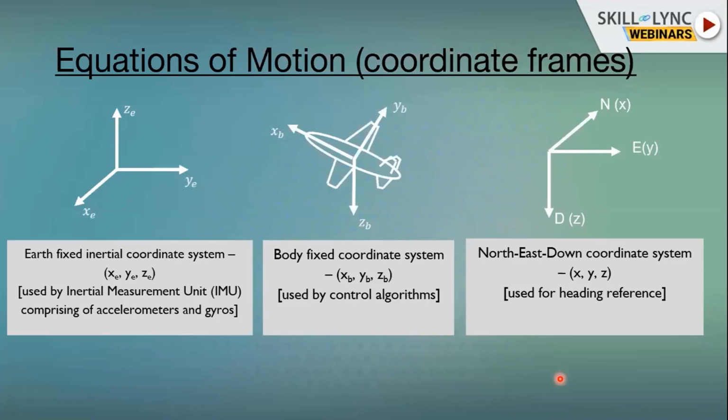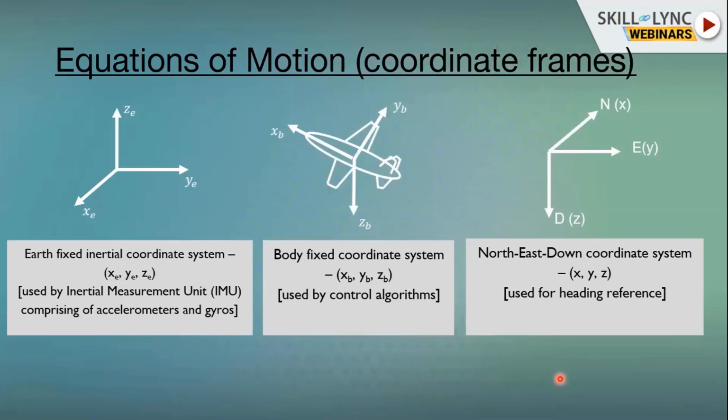Then they use coordinate transformations, going from one coordinate frame to another coordinate frame, using the psi theta phi attitudes. It's a transformation matrix to get velocities and positions in different frames of reference.